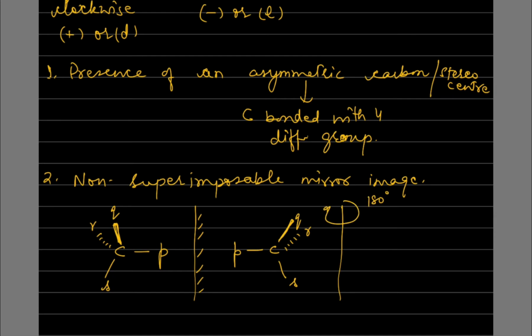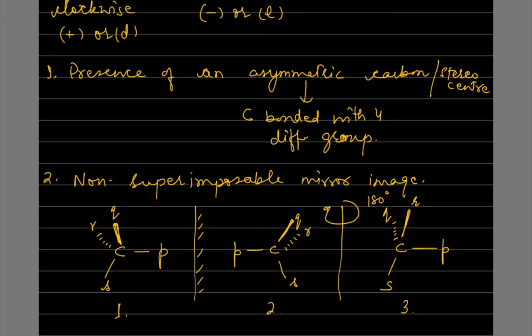Then the mirror image will become like this: R, Q, S, like this. So this is 1, this is 2, this is 3.